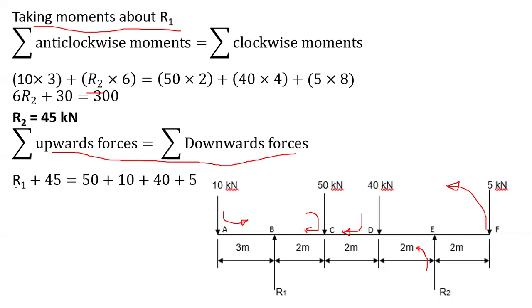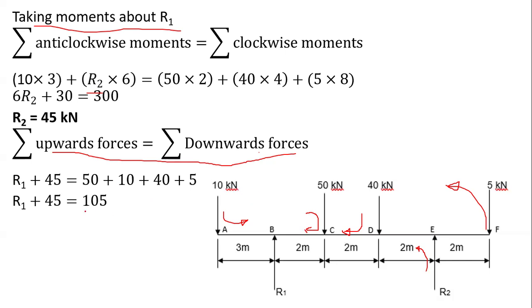My R2 was found to be 45. So hence R1 plus 45 is equal to 10 plus 50 plus 40 plus 5. These are the 4 downwards forces you can see here.